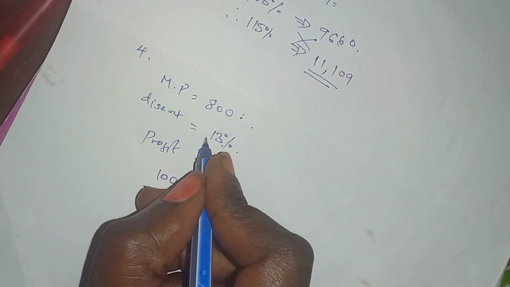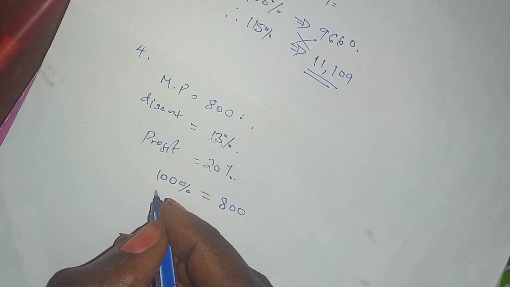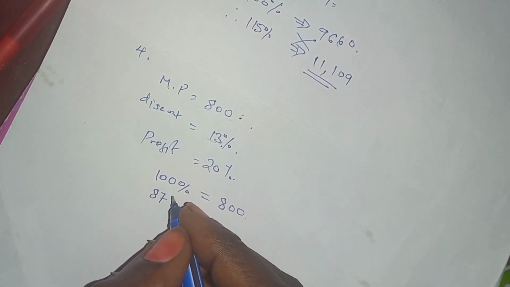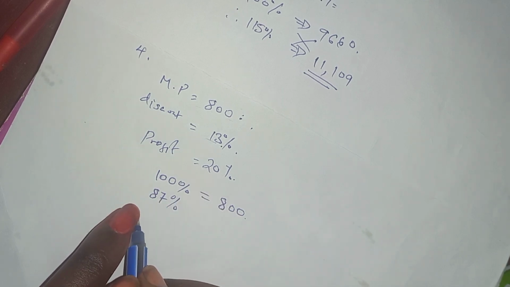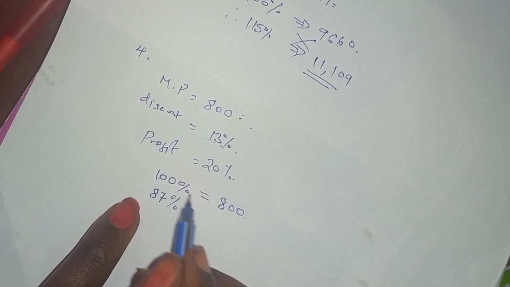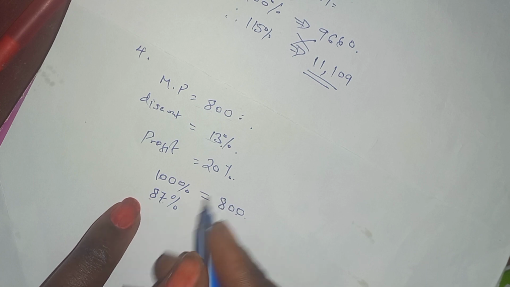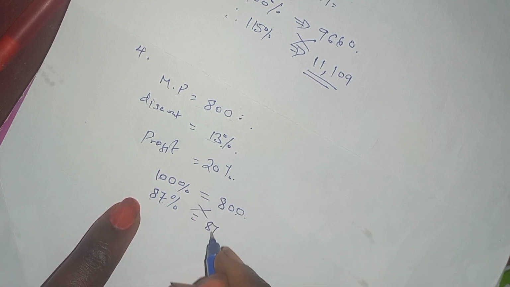So if a 13% discount is allowed, then the percentage selling price will be 87%. When we cross multiply, we'll take 87 times 800 divided by 100.